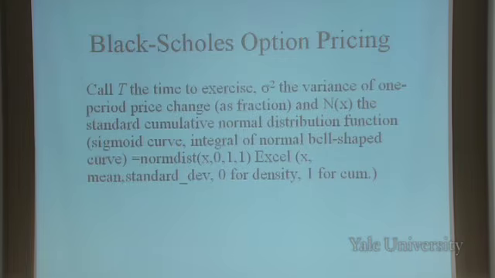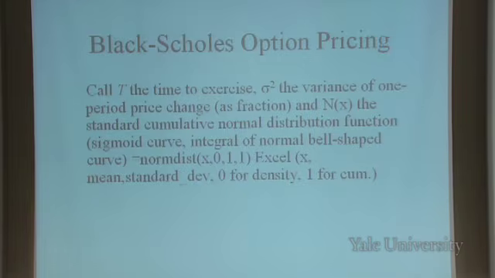Now, in the Black-Scholes formula, call T the time to exercise. Before, when we talked binomial, I said it was one period hence. But now we're allowing the exercise date to be any distance in the future. So T is the time to the exercise date.